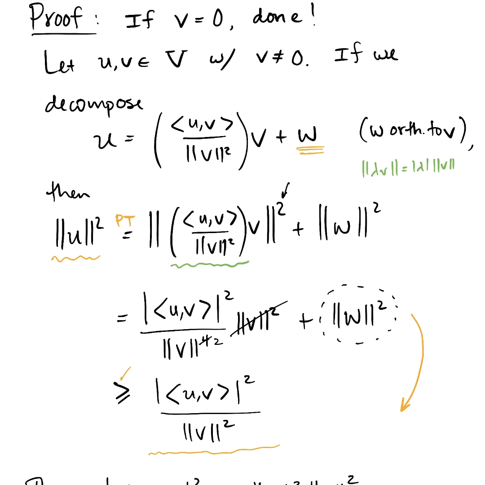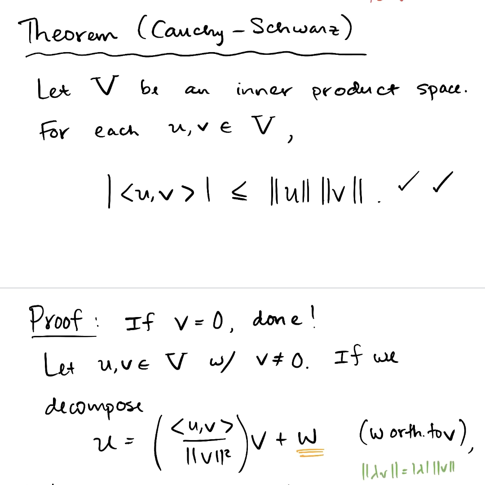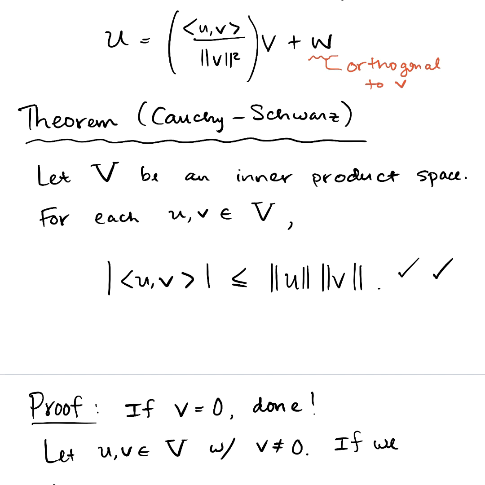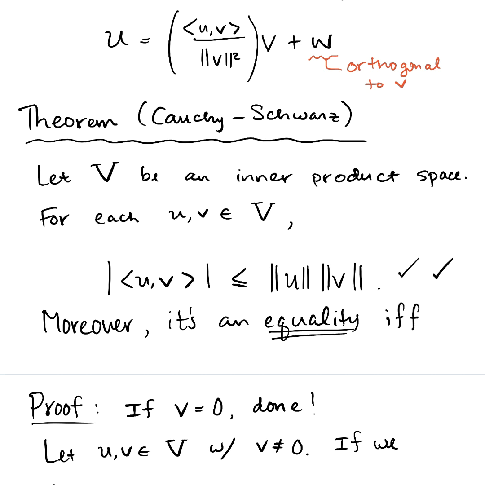This is an important addendum to the statement of the theorem, and the reason that space was left at the bottom. Not only is the inequality always true, but we also, from the proof itself, we can see, moreover, it's an equality if and only if W was 0 in that orthogonal decomposition.